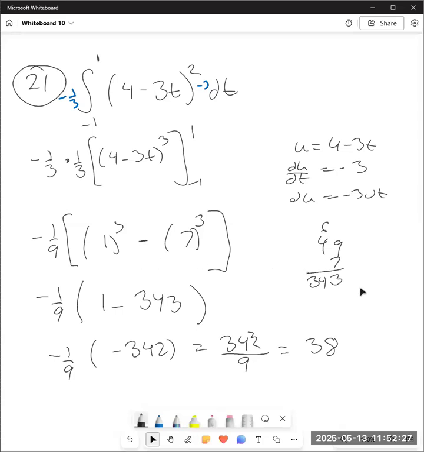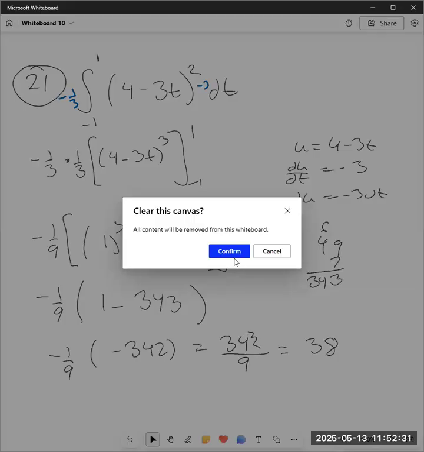Let's go ahead and look at number 23. 23 is integral from 2 to 5 of x minus 4 cubed dx. So if u is x minus 4, du is 1 dx, so it's already set up there.